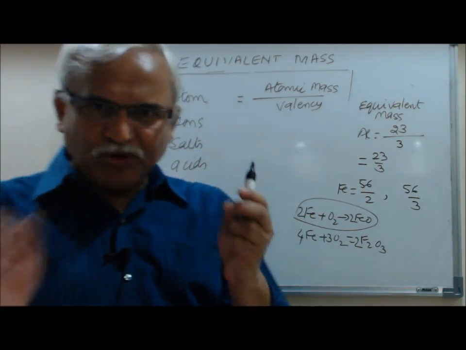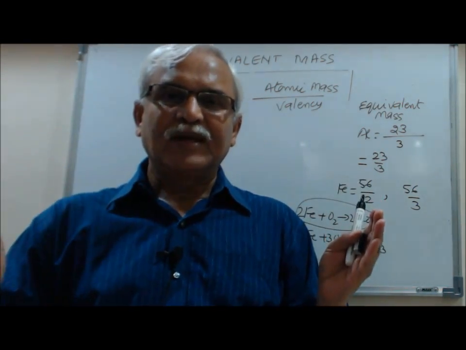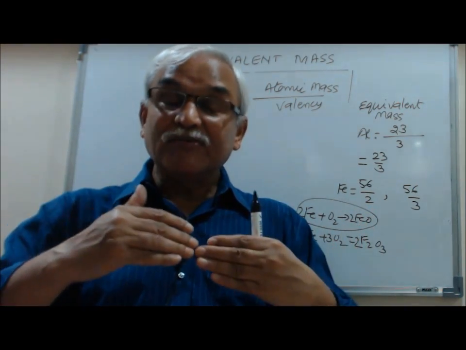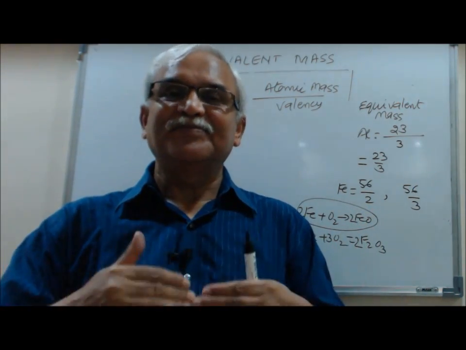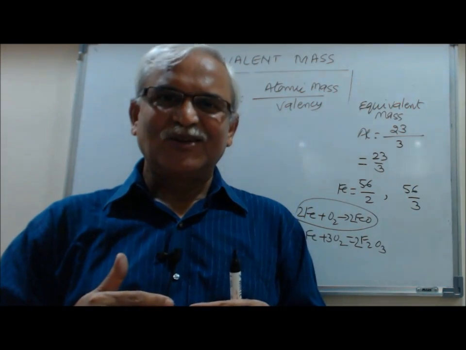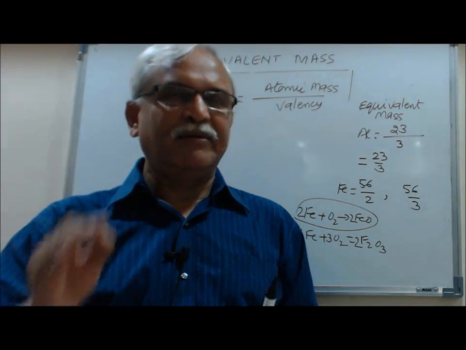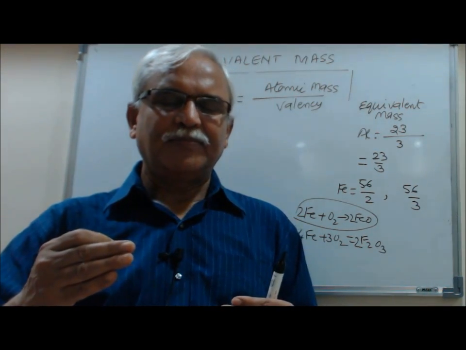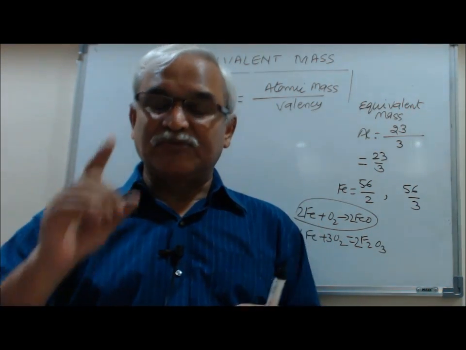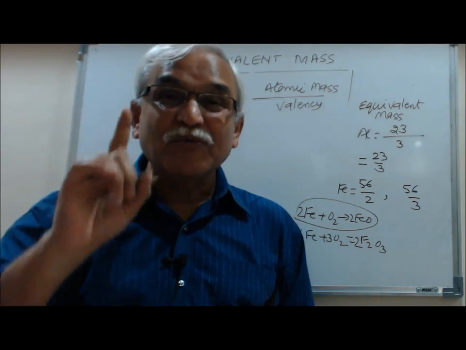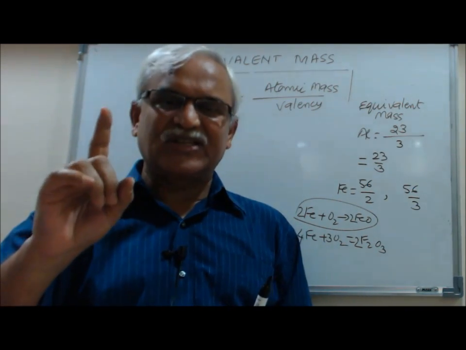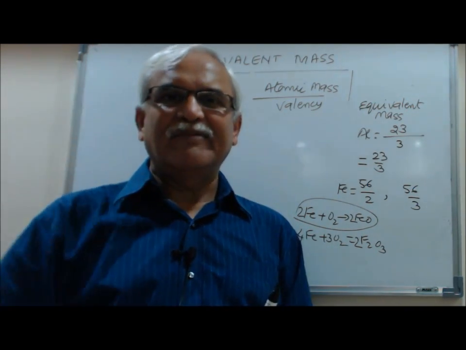So I just want to keep one option open, that valency of the atom does decide the equivalent mass. So what can we say? If the valency of the atom is fixed, its equivalent weight becomes fixed, that is atomic mass by valency.